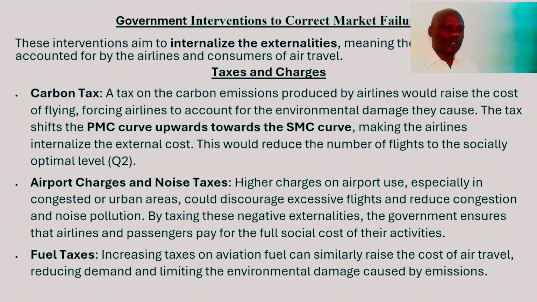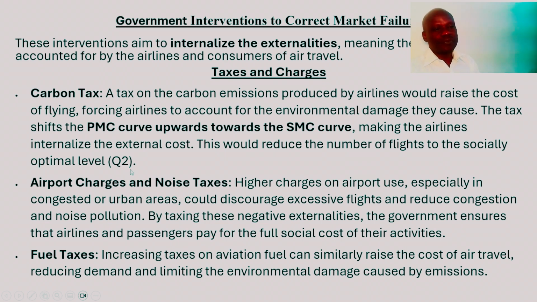Now, a tax on the carbon emissions produced by airlines would raise the cost of flying, forcing airlines to account for the environment and environmental damage they cause. The tax shifts the private marginal cost curve upwards to the socially marginal cost curve, making the airlines internalize the external cost. Now, this would reduce the number of flights to the socially optimal level.